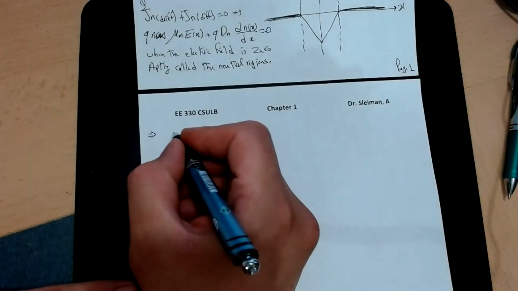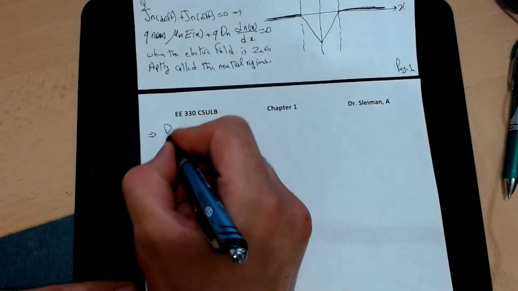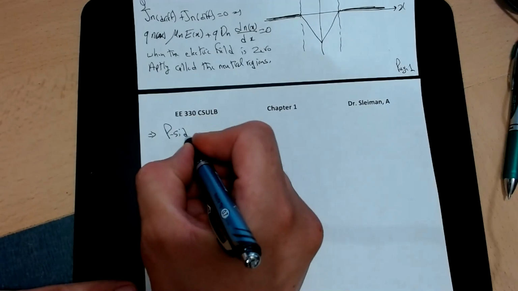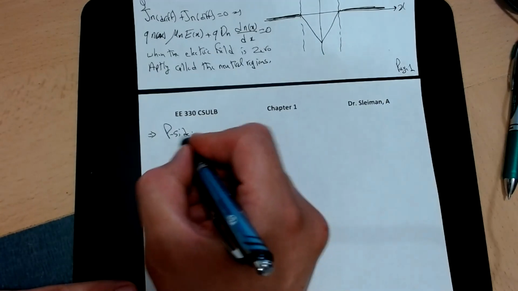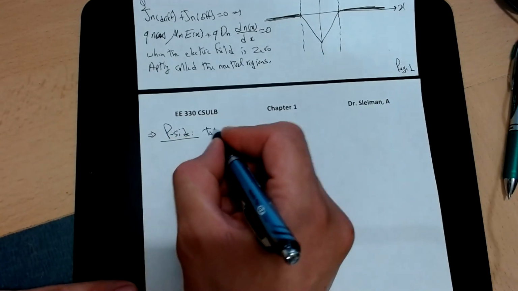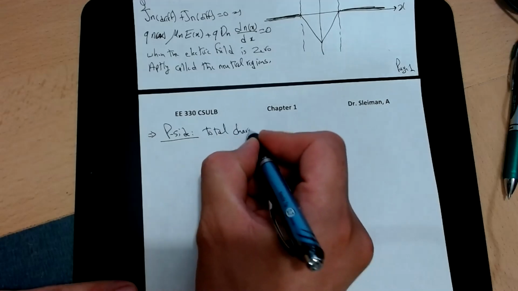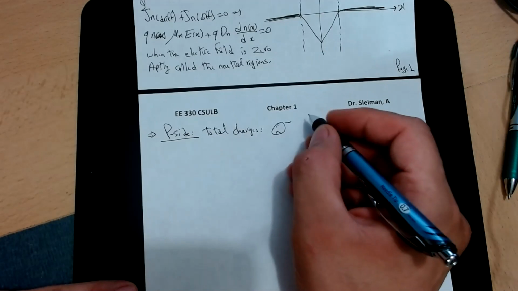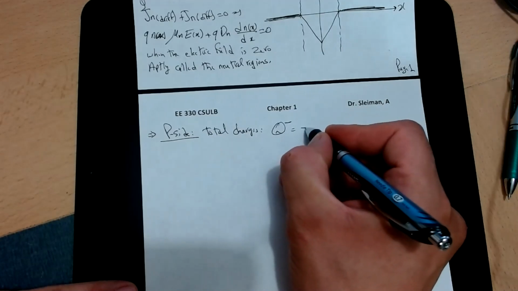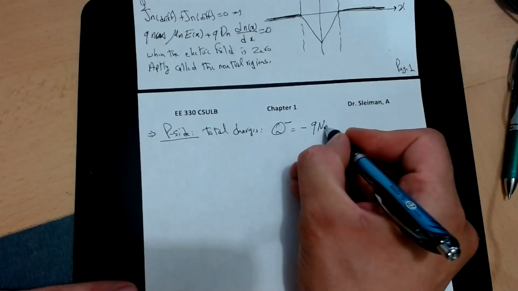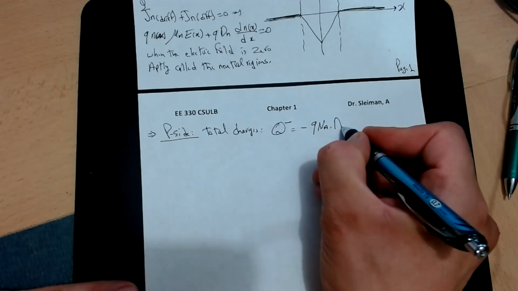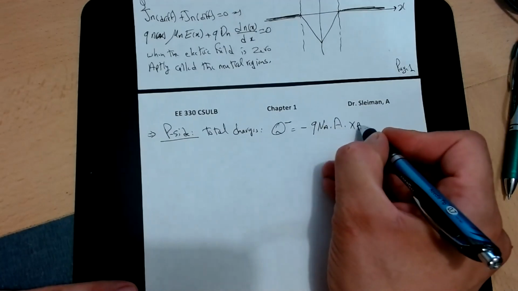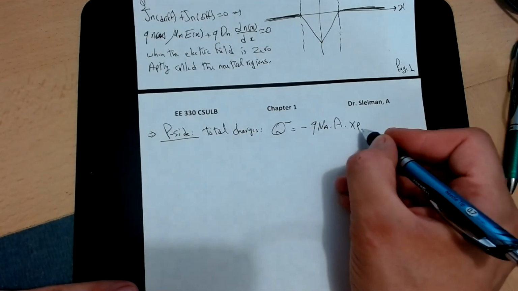So to continue here, on the P side, the total charge, which is Q negative, is equal to minus q NA multiplied with the area and xp0.